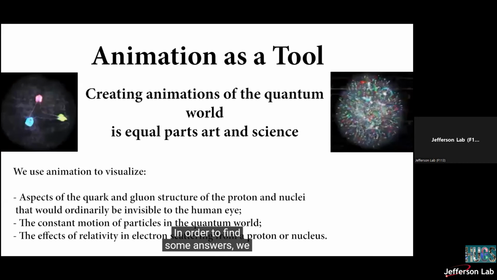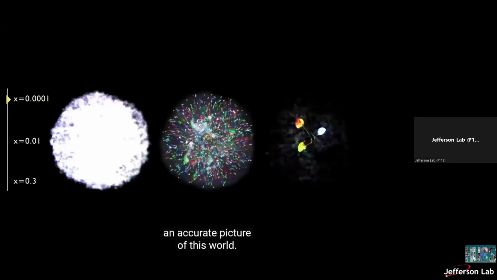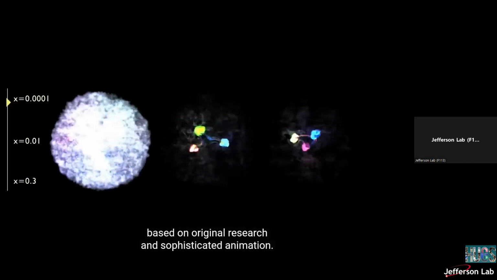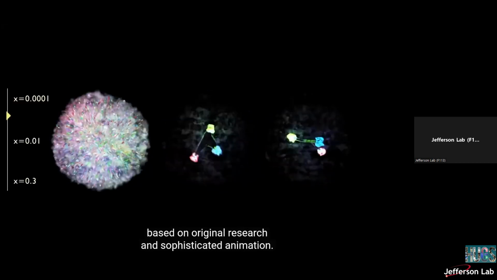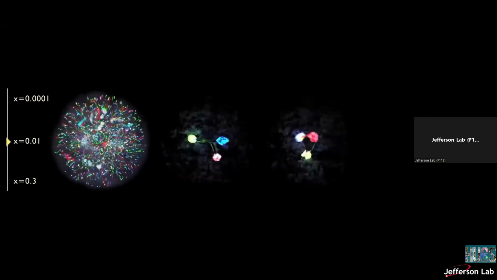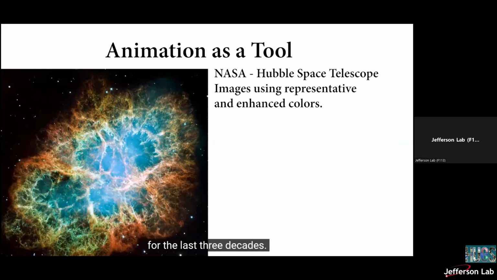In order to find some answers, we have to dive into the world inside the proton. But this presents a challenge. Protons are made up of chaotic bundles of quarks and gluons, moving at near light speed, interacting and annihilating each other. It has always seemed nearly impossible to create an accurate picture of this world. But a new collaborative project is visualizing the fundamental structure of the proton based on original research and sophisticated animation. Visualization has been a powerful tool for science for the last 3 decades.